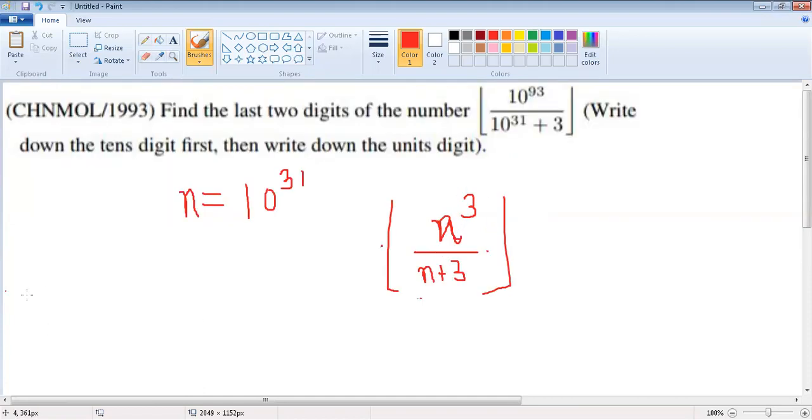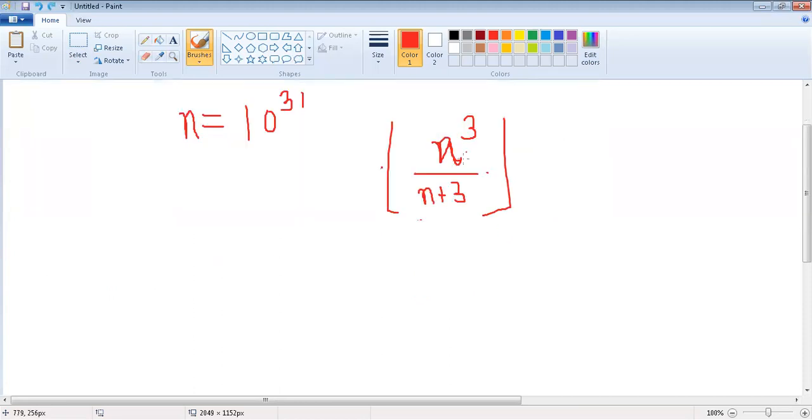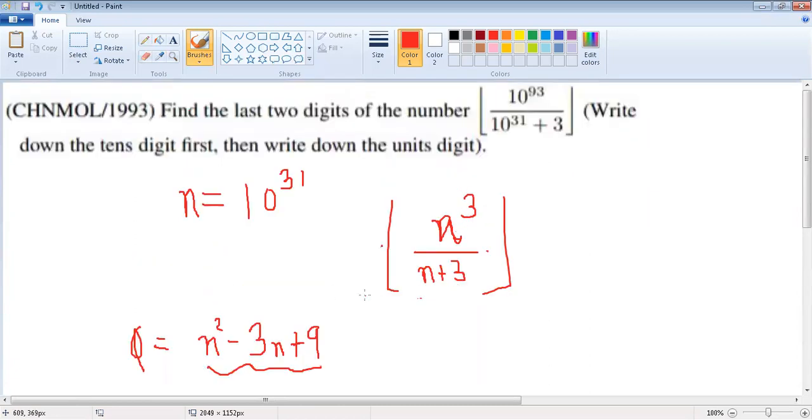Now when n plus 3 divides n cubed, the quotient we get, you can do the long division, is n square minus 3n plus 9.